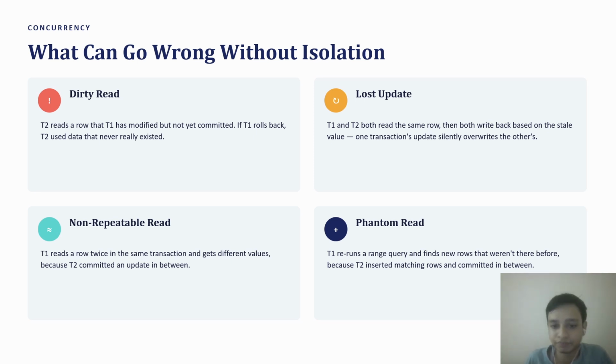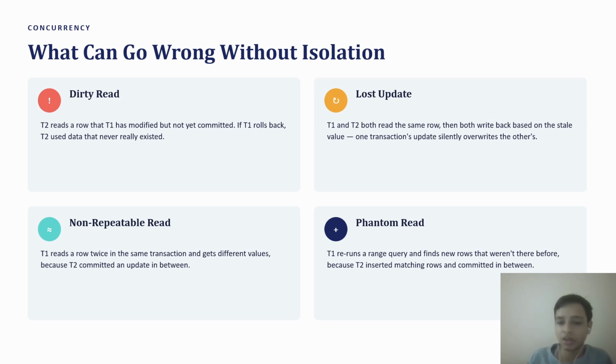Phantom read. T1 reruns a range query and finds new rows that were not there before. T2 inserted a matching one. It's similar to non-repeatable read, but it deals with rows in a table in SQL. If you are not a beginner in SQL, you know the basics, that a table has rows.